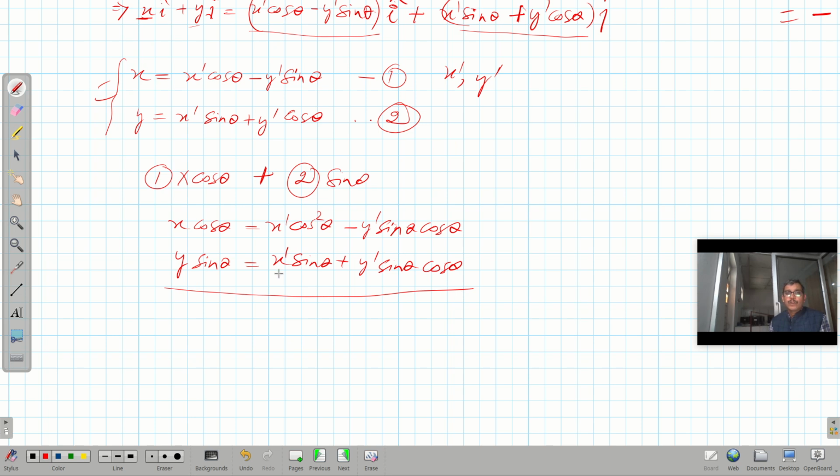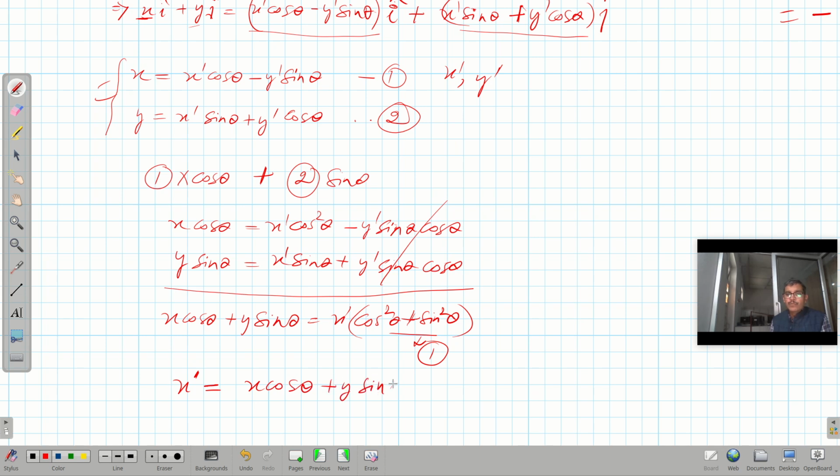So let us add these, so these will cancel out. So what will it be? x cos theta plus y sine theta is equal to x prime (cos square theta plus sine square theta), and it will become 1. So I can simply write down x prime is equal to x cos of theta plus y sine of theta.